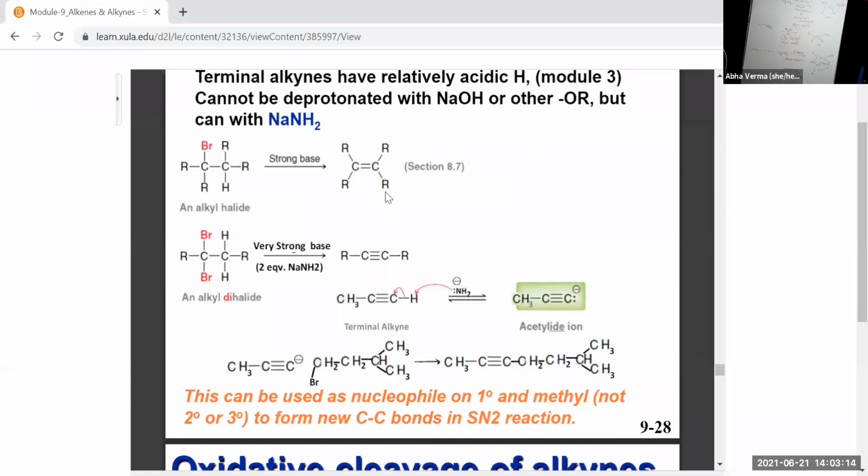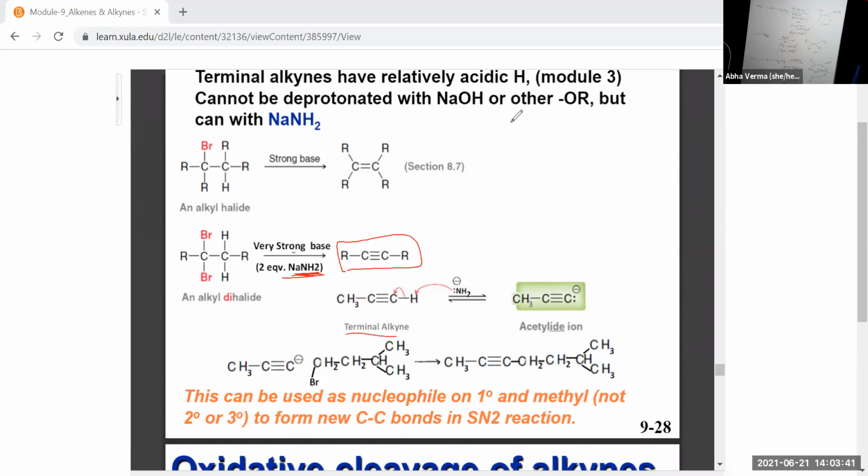Now, in our 8th module, we had looked at the formation of alkenes and also alkynes. So probably we did not do many chemical reactions for the formation of alkynes, but this is how an alkyne is formed. For the formation of an alkyne, you will always use sodium amide.